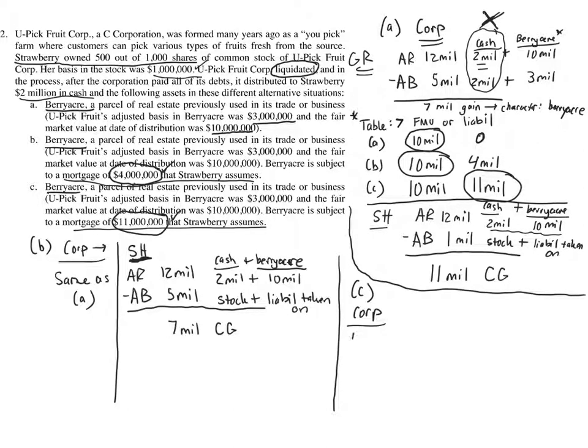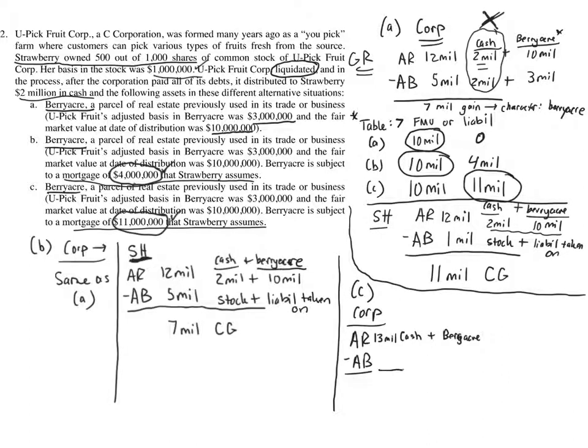So the consequence to the corporation, amount realized minus adjusted basis: again, remember it's the cash plus Berry Acre. Cash stays at $2 million. Berry Acre is $11 million. The amount realized is going to be $13 million. So it's not $12 million anymore, it's $13 million because the liability is greater.